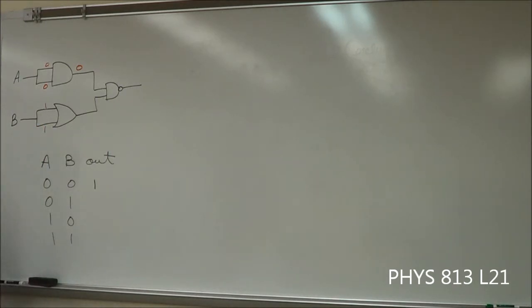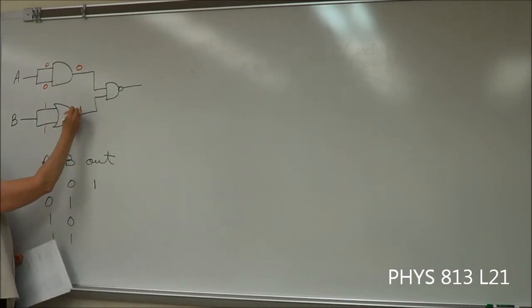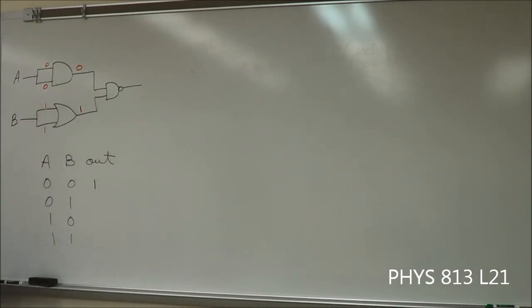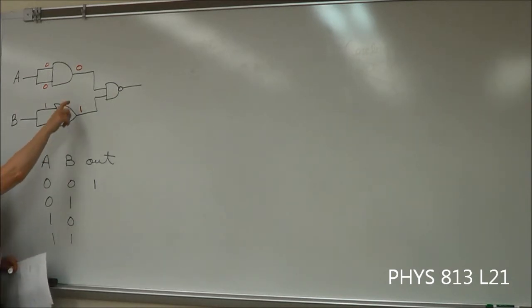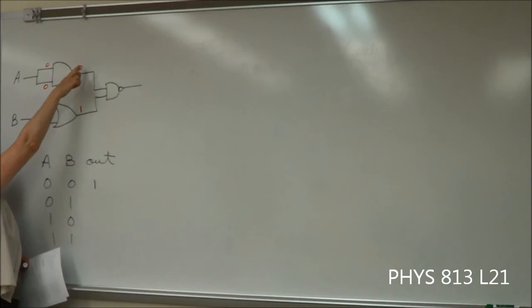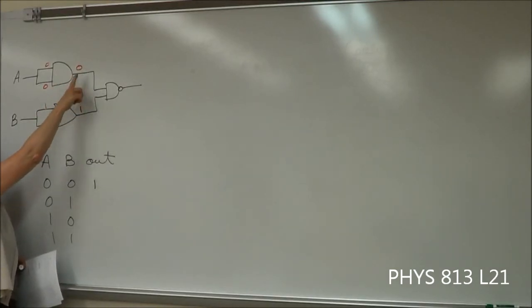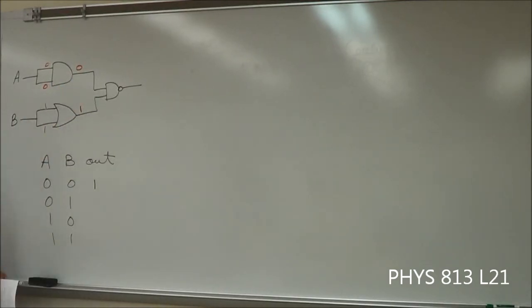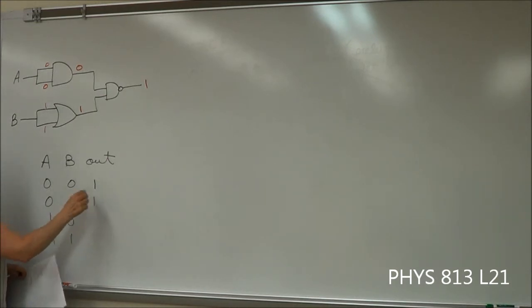Now if we look at our OR gate, 1 with a 1 gives us a 1. And then with our NAND gate, a 0 and a 1. And with NAND it doesn't matter which one is 0 and which one is 1. You've got one of each. So our NAND gate with a 0 and a 1 is a 1. Okay? So we have a 1. And this gives us a 1.